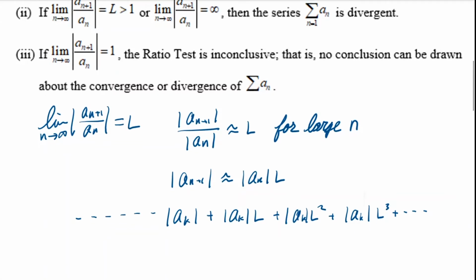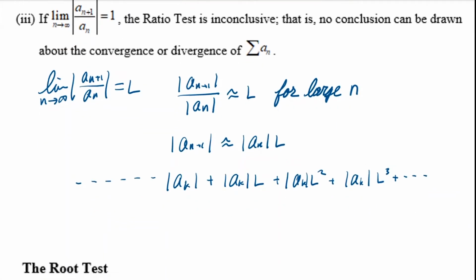What was the criteria for geometric series convergence? When does the geometric series converge? Absolute value of r is less than 1. Absolutely. In this case, L acts as our common ratio r. So if this thingy is less than 1, you get it?